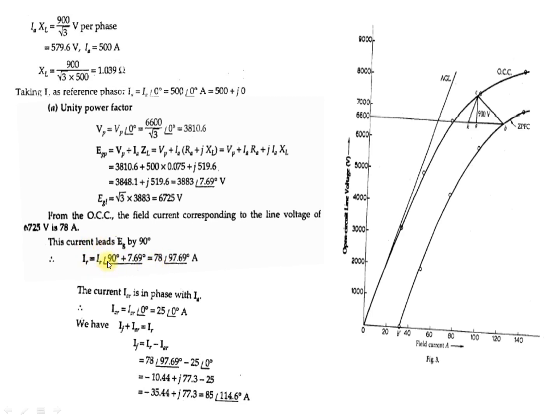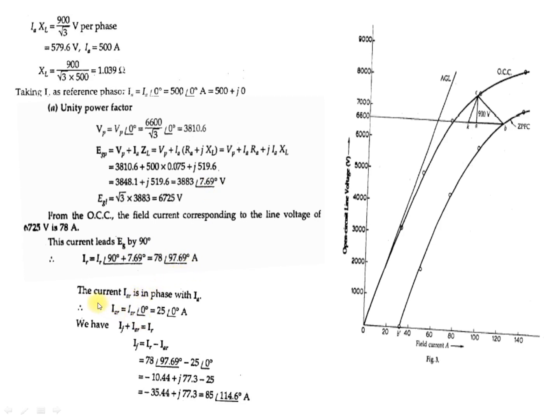That IF will have the current leading this EG by 90 degrees, and this EG has an angular difference of 7.69 degrees. So we can add these two as 97.69 amps.